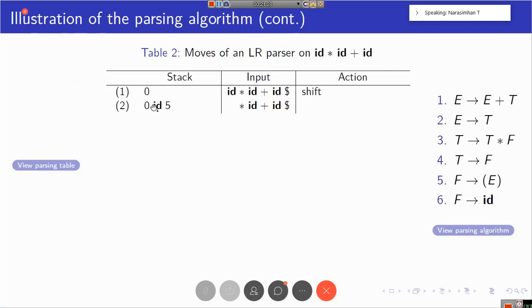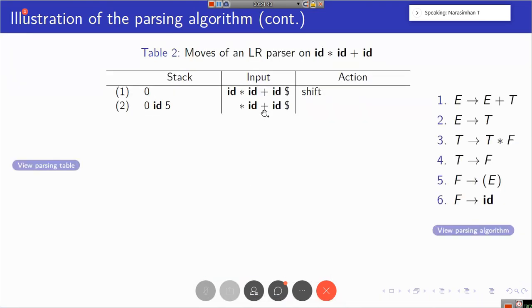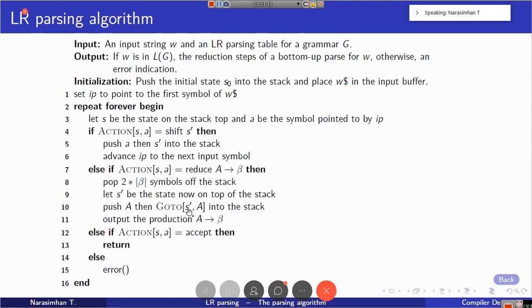Currently you have 0 at the stack top. I need to check for the combination 0 and F, right? See here, you need to check for the combination S dash and left hand side, right? Goto S dash and A.